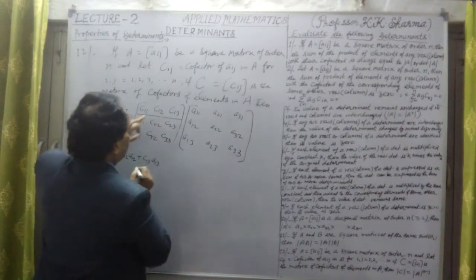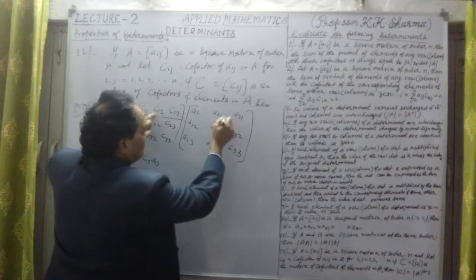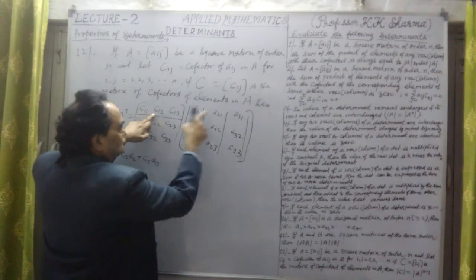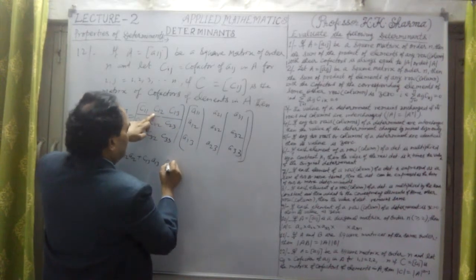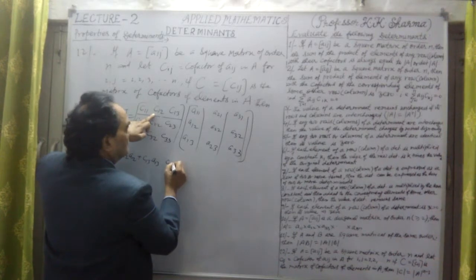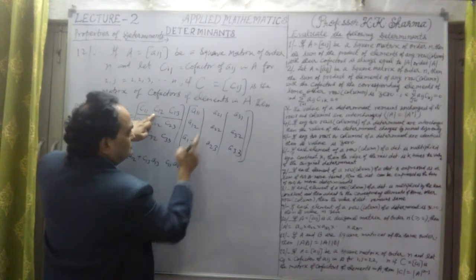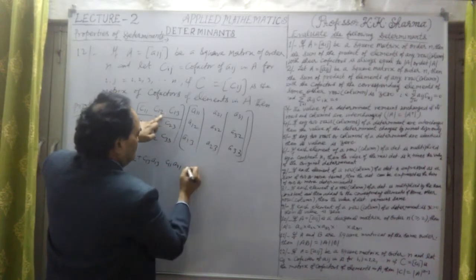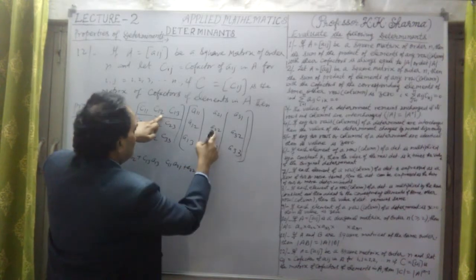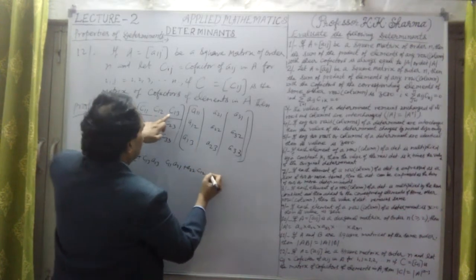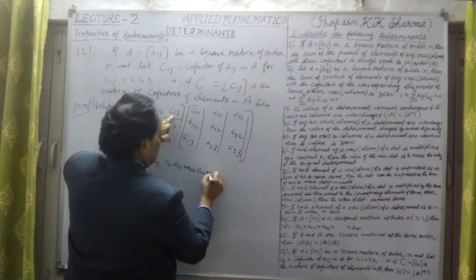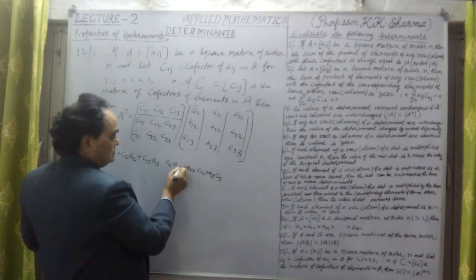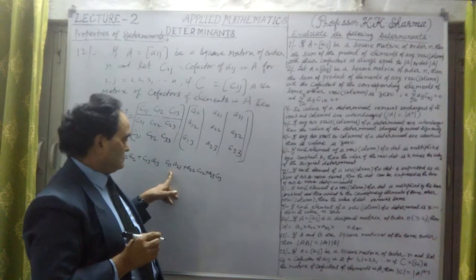Now let me multiply the first row by the second column. It will give us A21 into C11, plus A22 into C12, plus A23 into C13, which is 0.